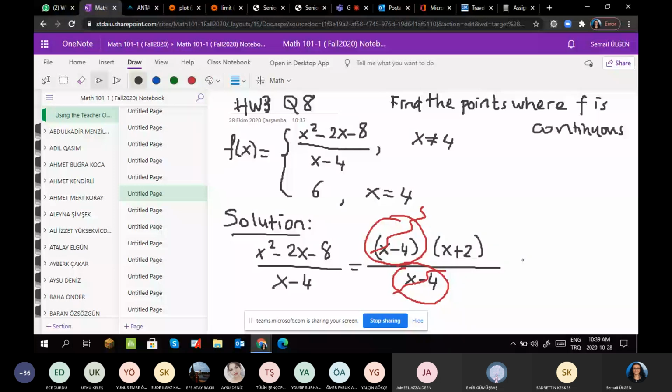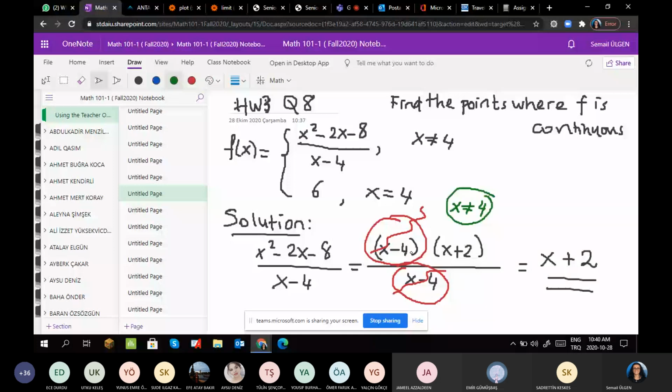So why did I do that? First of all, there's a rule: when you want to cancel two factors like that, you can cancel them when x is not 4. Because if x is 4, this is 0, this is 0, and you're not allowed to cancel.